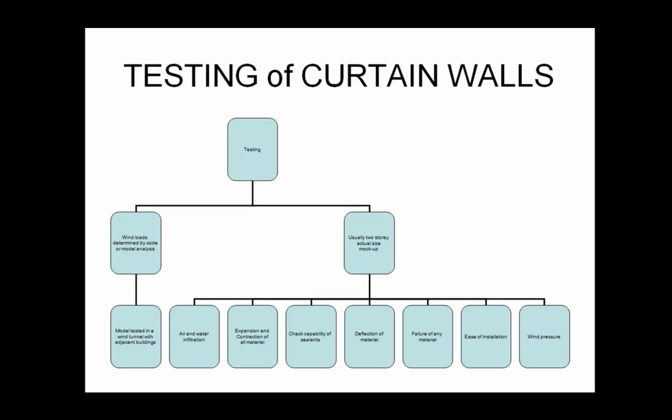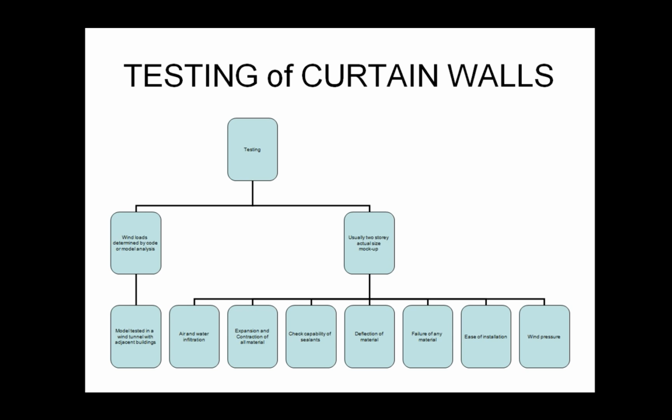So curtain walls obviously have to be tested as well. And number one, for an exterior wall on a large or tall building, wind loads are very critical. The way you test it is usually you do a mock-up of some type, test it in a wind tunnel, and then you perform a couple of other tests, a combination of factory and common sense type tests: air and water infiltration, the expansion and contraction of the materials as a composite, with a couple of stories' worth of panels and connections.